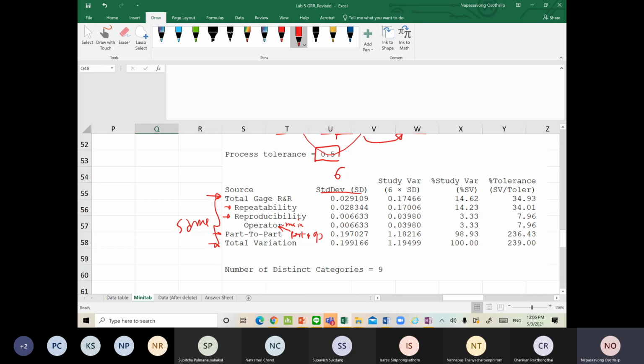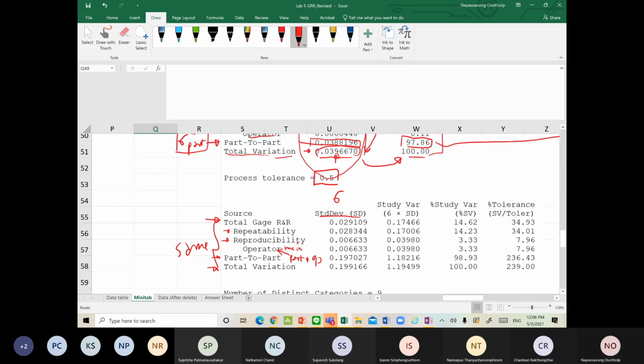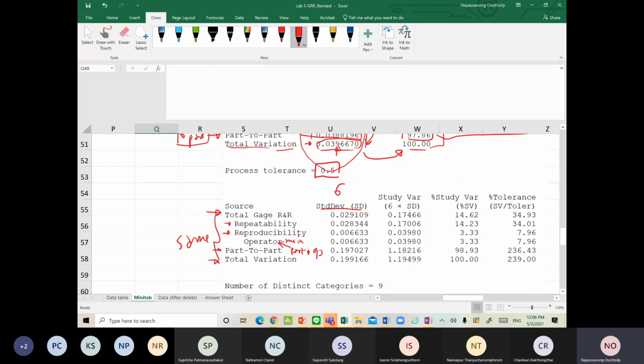Now it calculates sigma for each component for you, and this column just multiplies sigma from this column by 6. That's all. Then you can calculate the P to TV ratio.